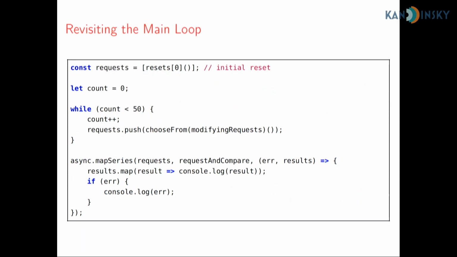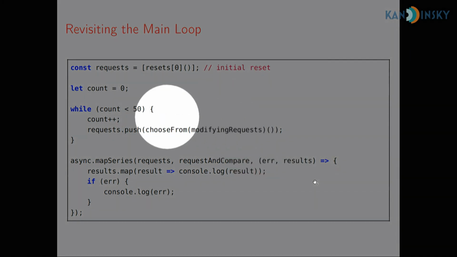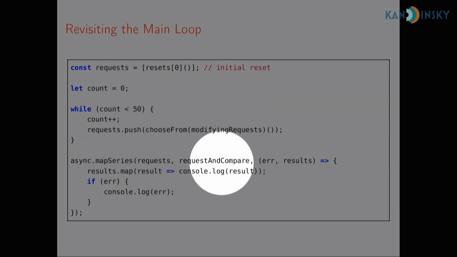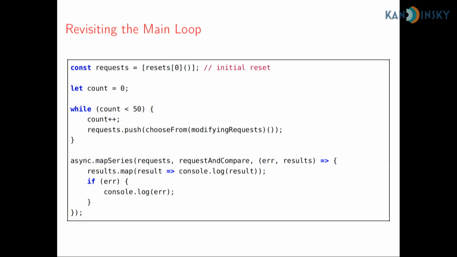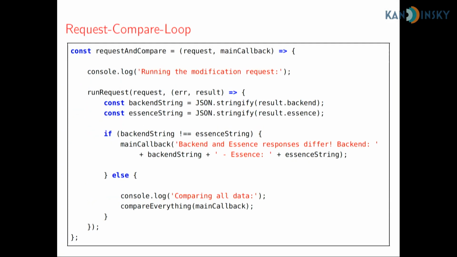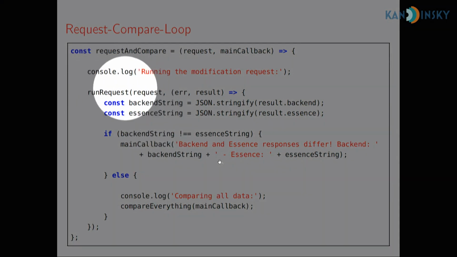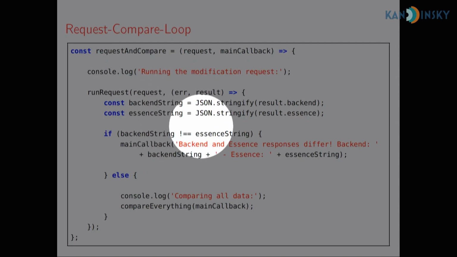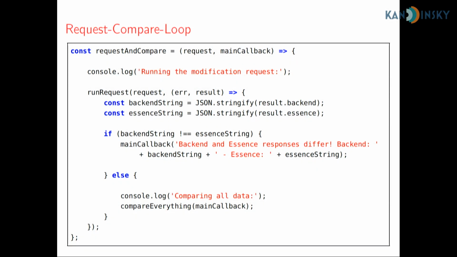Now back to the main loop. Here I said, okay, we map over the requests after we have established them, and then we invoke the request and compare function. And this is what we will look at next. In here I run the request first against the backend and then also against the functional essence. And if the results that come out of it are not identical, then of course I need to say, oh my goodness, something went really wrong here.